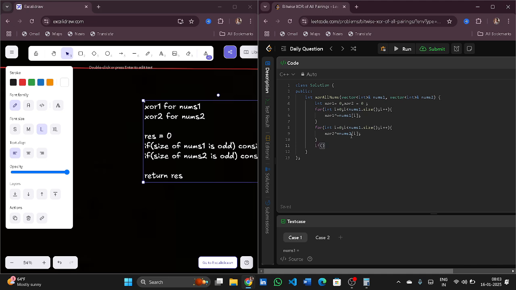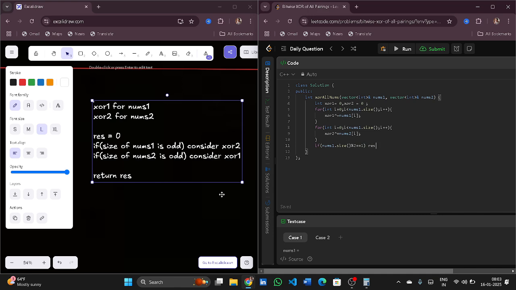After this, if size of nums1 is odd, that means nums1.size percent 2 is equal to 1, consider XOR2. So result XORed with XOR2.